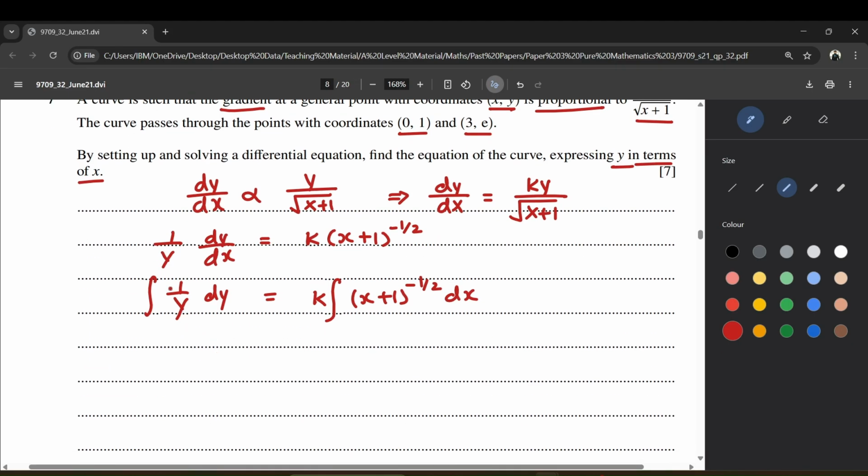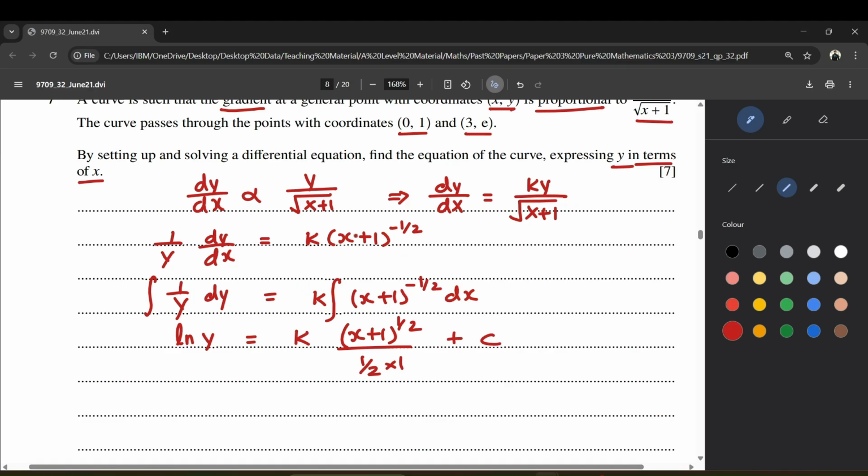So on the left hand side, the integral of 1 upon y is ln y, equals k times (x plus 1) to the power of half, divided by the new power, which is 1 upon 2, and multiplied by the derivative of what's inside the function, which is just 1, plus the constant of integration, because we do not have any limits.